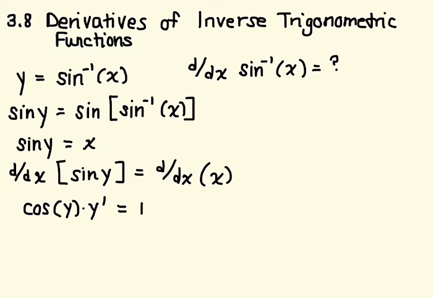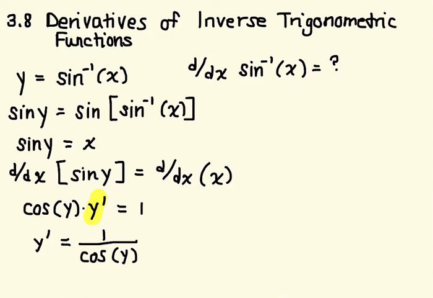Now remember, I'm trying to find y prime, which is the derivative of the arc sine of x. So I'm going to divide both sides by the cosine of y, and I get y prime is 1 over the cosine of y. Well, I'm close, but I don't want my derivative to be in terms of y.